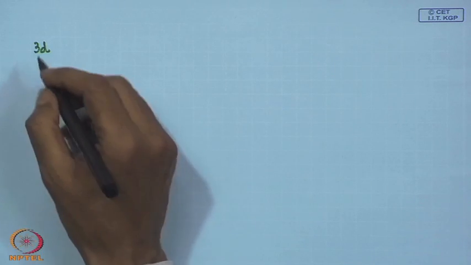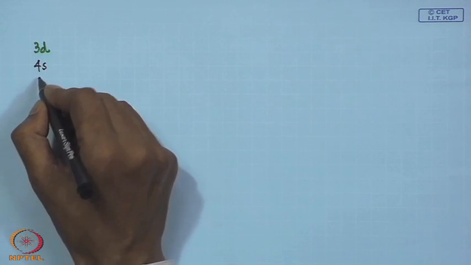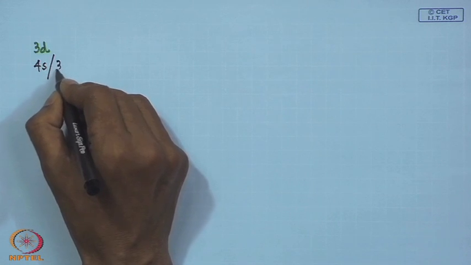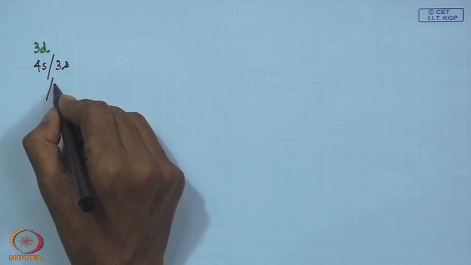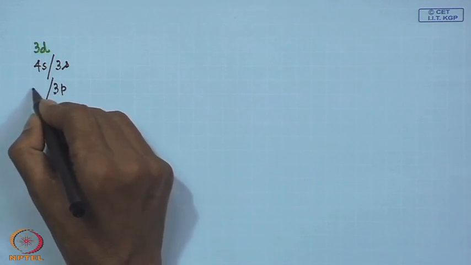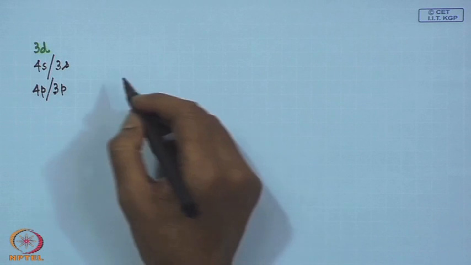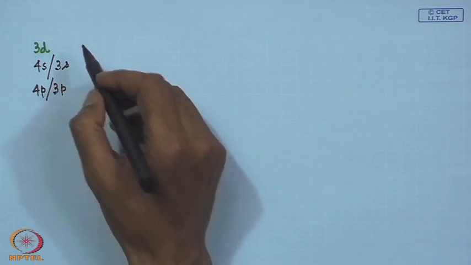Now along with these 3d orbitals, we should have the other orbitals, that means the 4s orbital, or in some cases also the 3s orbital or 3p orbital or 4p orbital, depending upon the energy of these orbitals and their availability for the system.